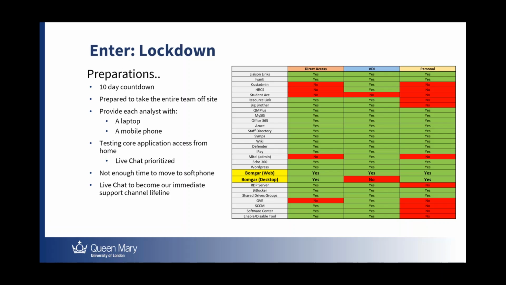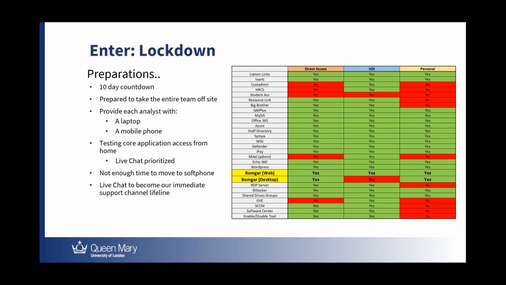Key to our preparations were, of course, making sure that we could get onto what was then called BOMGAR, Beyond Trust, that we could get access to it through the web or through a desktop icon. As you can see there, we could pretty much cover that, whatever method we were using. We tested everything beforehand as well to make sure that every analyst, regardless of their access level, could mirror the setup that you see there.